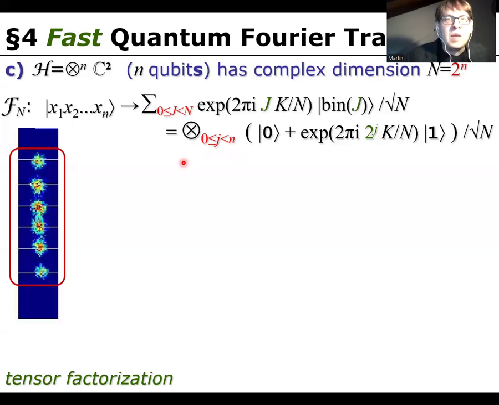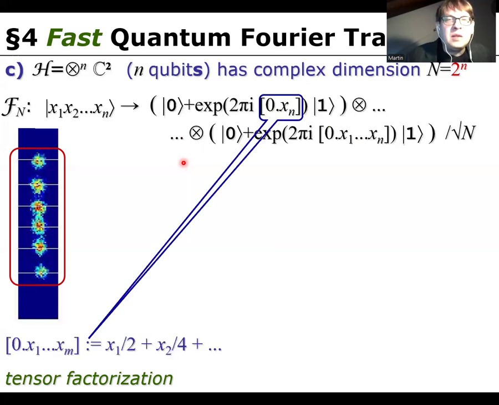quantum circuits. So let's express that now, how it operates on the binary basis vector with binary x1 up to x small n, and the result is this expression, which is again an n-fold tensor product.